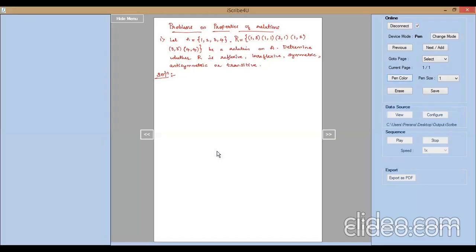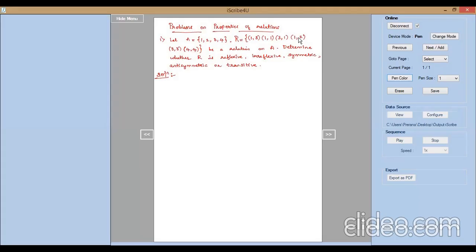Definition of reflexive says that if the set A has 1, 2, 3, 4 as the elements, then every same pair, that is (1, 1), (2, 2), (3, 3), (4, 4), should belong to relation R. To say it is reflexive, we observe (1, 1) belongs to the relation R, (3, 3) belongs to the relation R, (4, 4) belongs to relation R.